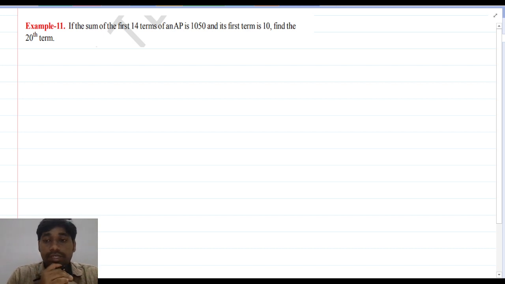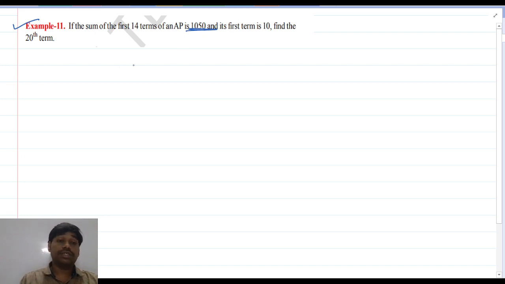After finishing of these example questions, we can go and find the questions which are relevant to this concept in the exercise. So let us solve the 11th example question. What is that? Sum of first 14 terms of the AP is 1050. First term is 10.